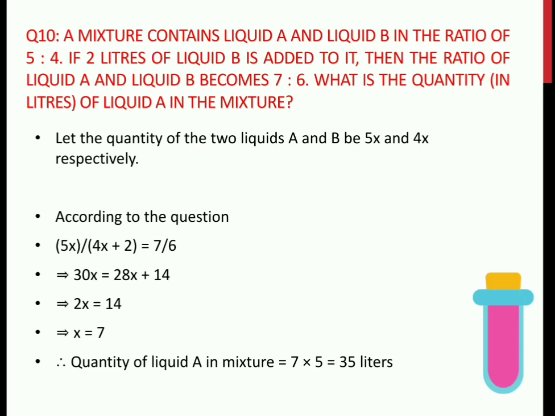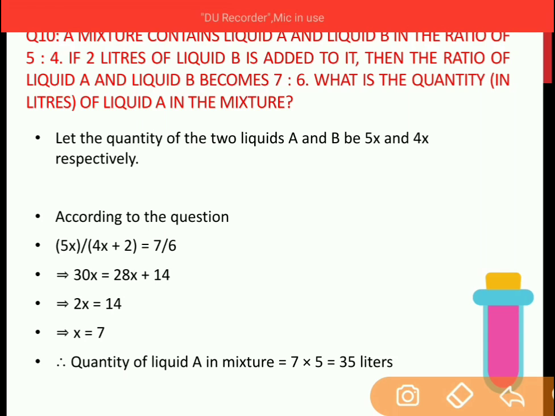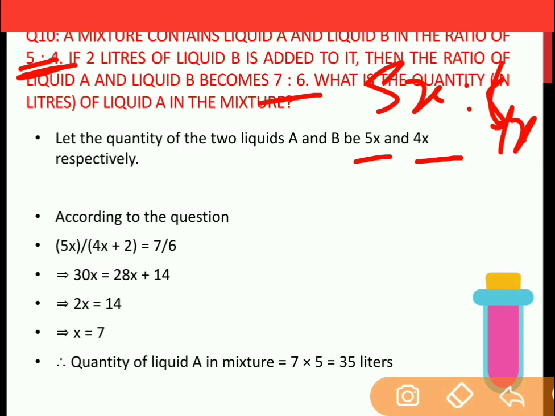Fine. Now in this type of question, when the initial ratio is given and the new ratio is given, then in the initial ratio you have to assume the quantity of A and B as 5x and 4x, because if you take 5x is to 4x, you will get the same ratio. It means the first liquid will be in the multiple of 5 and the second liquid will be in the multiple of 4.